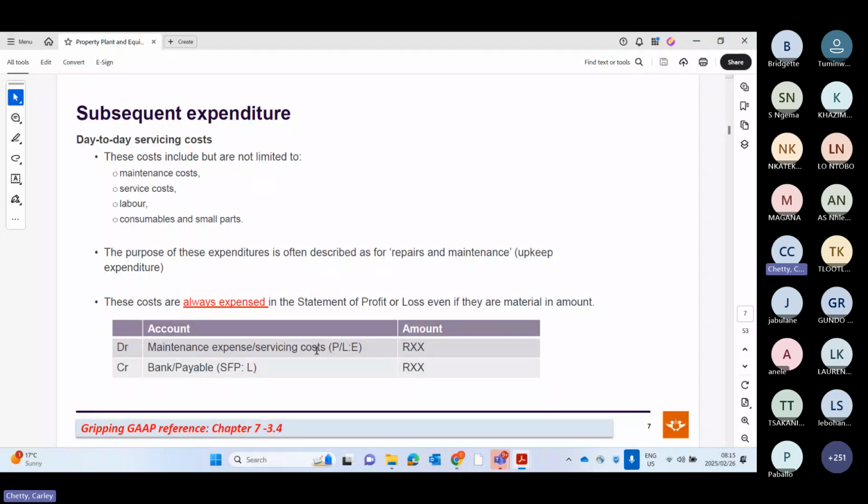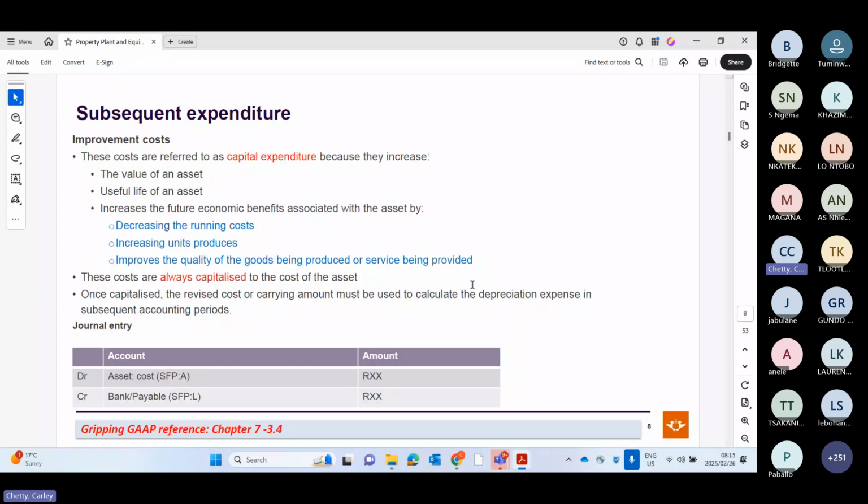Then we have another type of subsequent expenditure, which is called improvement costs. These costs are often referred to as capital expenditure because they increase the value of an asset, or they could increase the useful life of an asset. They generally increase the future economic benefits associated with the asset, but they could decrease the running costs.